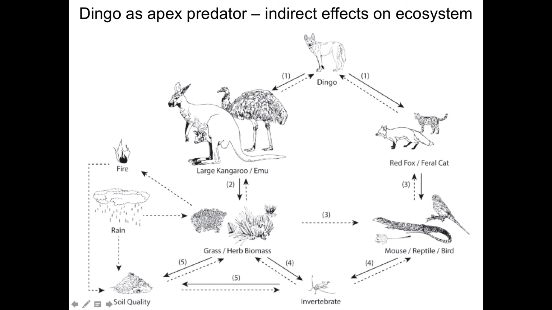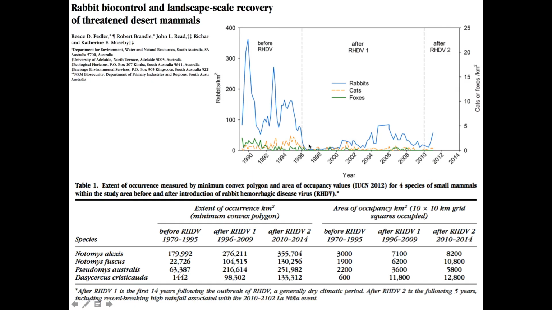So higher numbers of dingoes, higher numbers of the prey of their prey. And similarly, dingoes can suppress herbivores such as macropods, and if you have fewer numbers of macropods, you can have a change in the vegetation, increased density or complexity of the vegetation. So you take out a single vertebrate apex predator, and that will reduce their numbers, and that can have flow-on effects for other parts of the ecosystem.